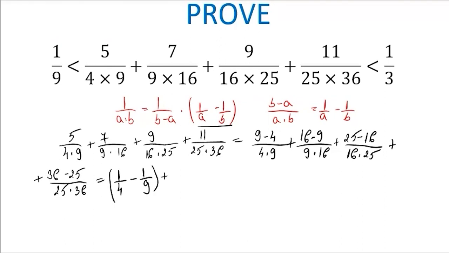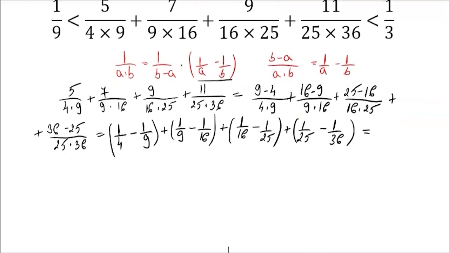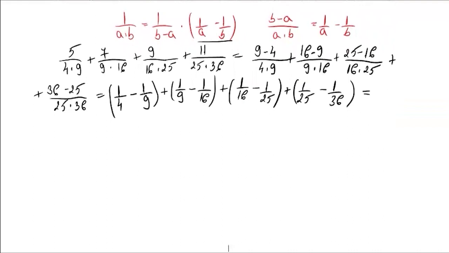Plus 1 over 9 minus 1 over 16, plus 1 over 16 minus 1 over 25, plus 1 over 25 minus 1 over 36 equals. Now I am going to dissolve the brackets.